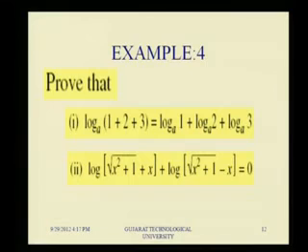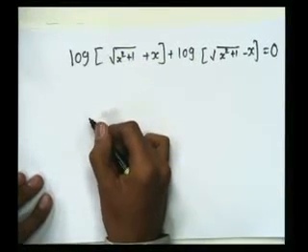The question is log of root x square plus 1 plus x plus log of root x square plus 1 minus x equals 0. We want to prove this example.